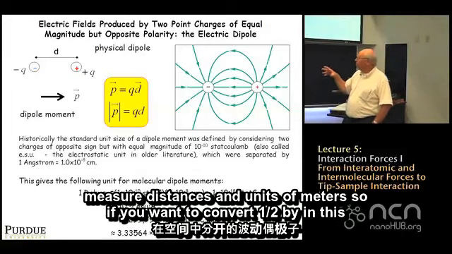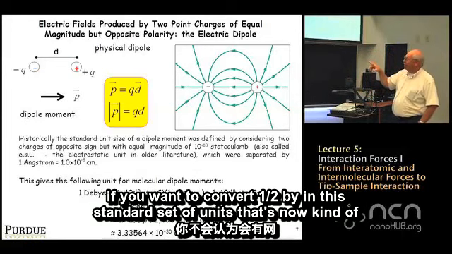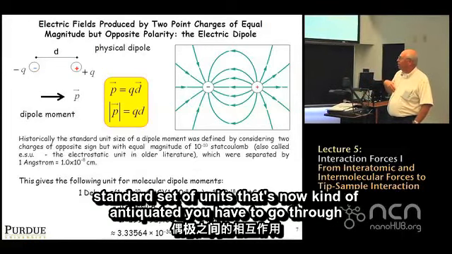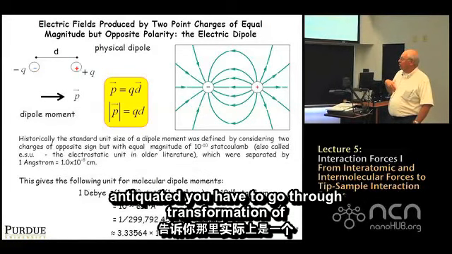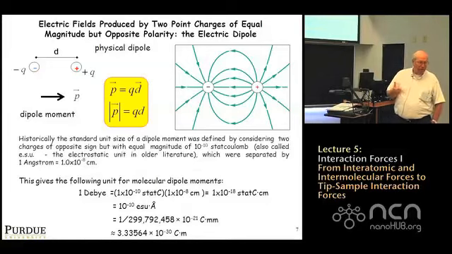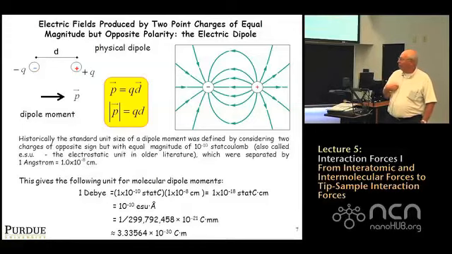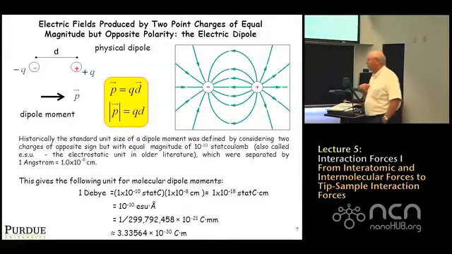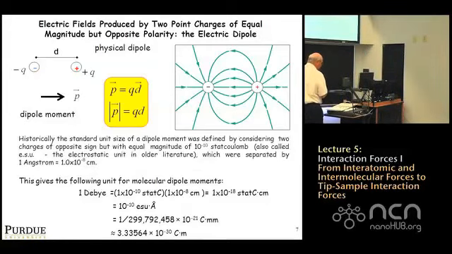So if you want to convert 1 debye from this now antiquated set of units, you have to go through a transformation of units. At the end of the day, you find that 1 debye is about 3.33 times 10 to the minus 30 coulomb meters. So when we talk about dipole moments, that is the standard dipole moment we're going to be referring to.